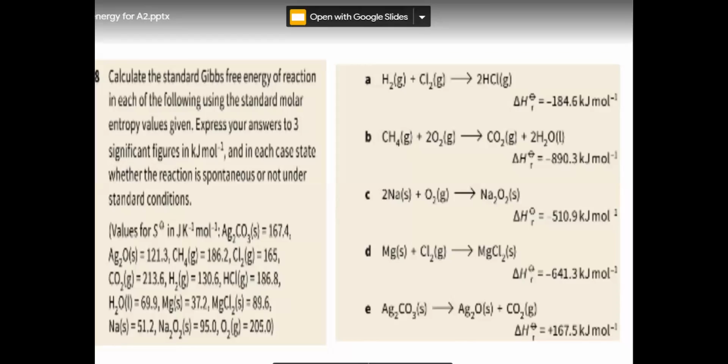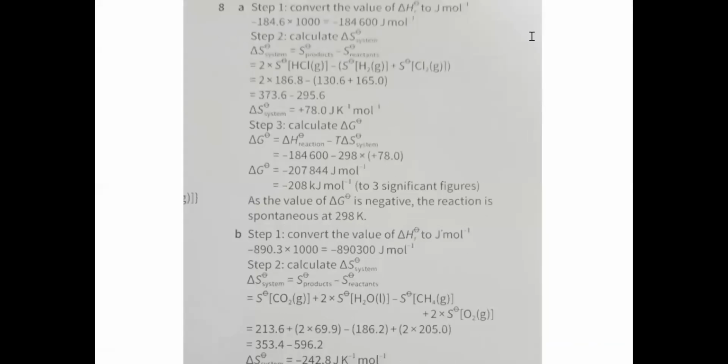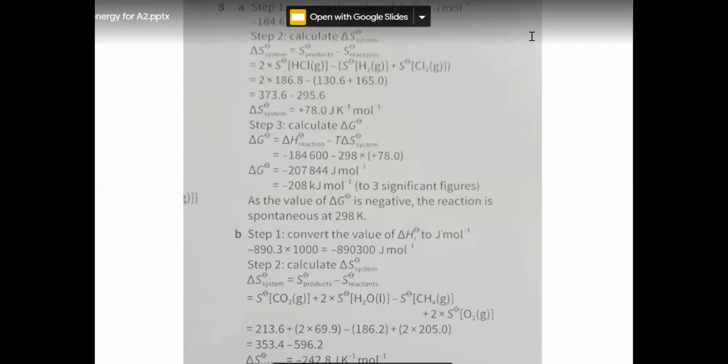You know the formula, place the values of delta H, and after calculating the entropy of the system, place it in the formula and compute it. Make sure that you convert the units properly, right? So this is the question. Attempt all five parts and then you check your answer from this particular slide.